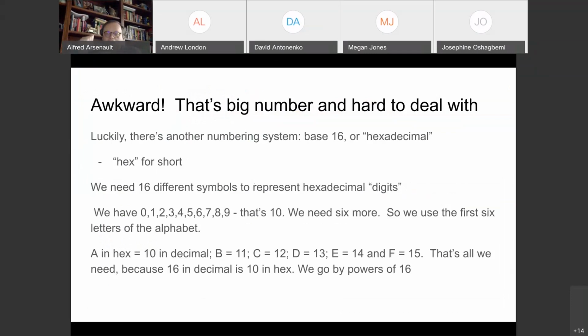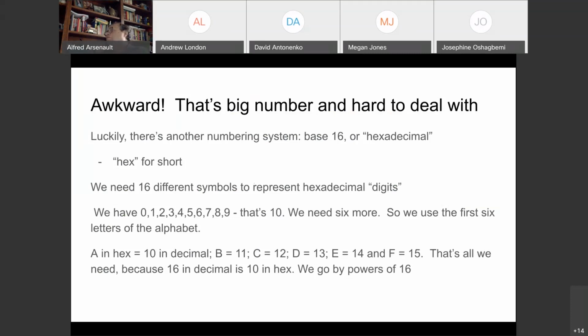Hexadecimal means base 16. The hex is a 6. Decimal obviously is 10. 6 plus 10 is 16. So hexadecimal numbers are base 16. And you will often hear people just say hex for short. If a computer scientist says the term hex, he or she almost always means hexadecimal, base 16 math.